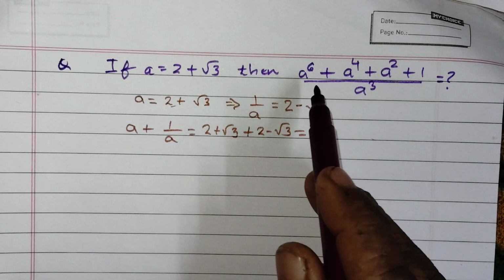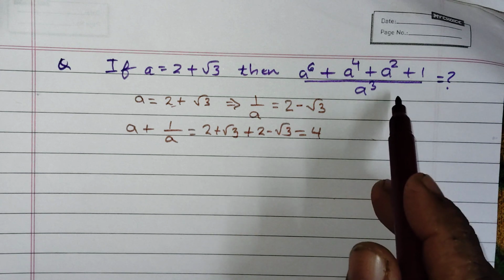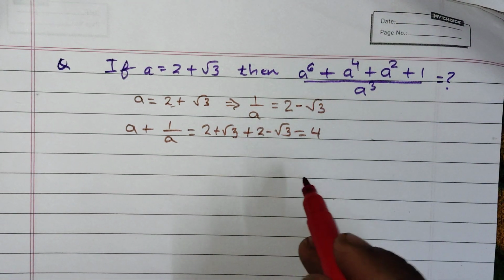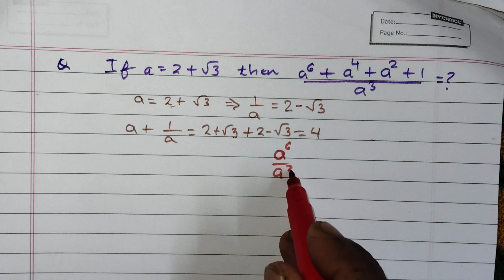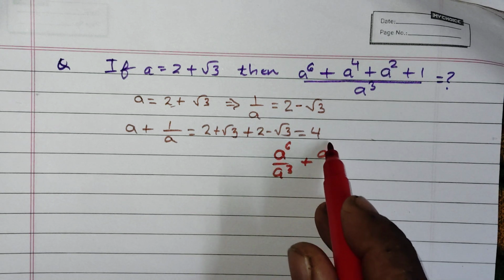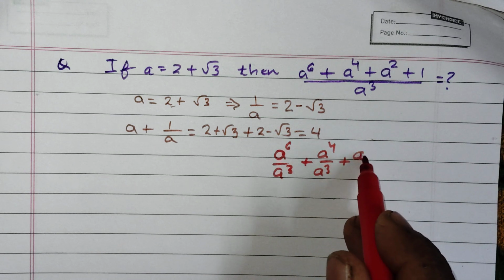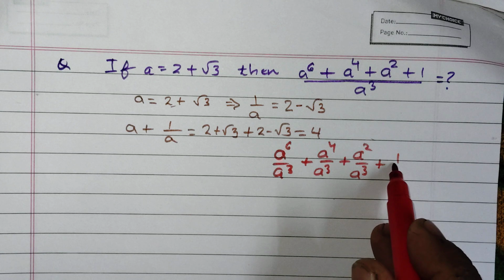We need to find the value of a raised power 6 plus a raised power 4 plus a square plus 1 upon a cube. Here we separate out the terms. So we write a raised power 6 upon a cube, a raised power 4 upon a cube, a square upon a cube, plus 1 upon a cube.